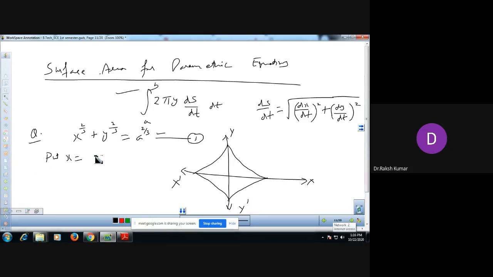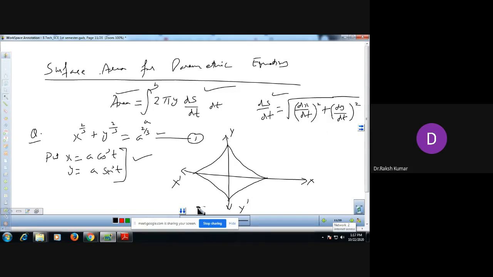Clearly, by putting x is equal to a cos cube t and y is equal to a sin cube t, this equation is satisfied. It means these are the parametric equations for this equation. You can remember these. Now you have to find the surface area by using this formula, and calculate ds over dt.